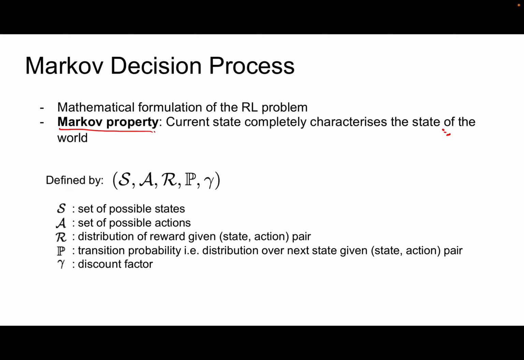The first is S, a set of possible states; A, a set of possible actions; R, the distribution of reward given a state-action pair; P, the transition probability distribution over the next state given a state-action pair; and gamma, the discount factor. We will see details. We covered these three things, and these two are not introduced yet.